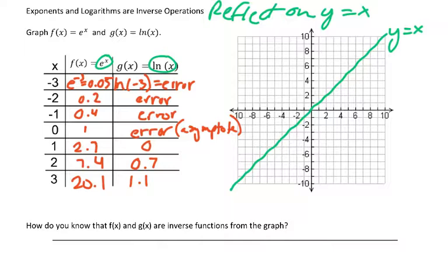So I'm going to start with 0, 1 in this first column, and then go to 1, 2.7, and 2, 7.4. Then we can see that it's going to be going down here.